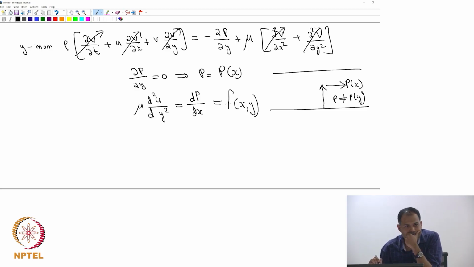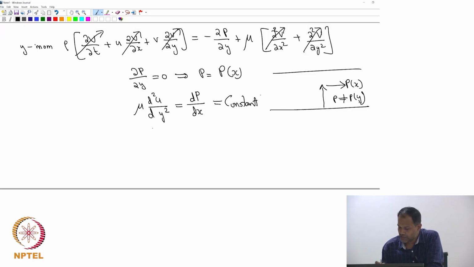This part says that u is not a function of x, u is only a function of y. This part says that p is only a function of x, not a function of y. So, the most I can expect is this is a function of x, this is a function of y. A function of x can be equal to a function of y only if that is a constant. So, there is nothing possible like f of x comma y. The best that you can say is that this is going to be a constant in this system. Agreed?